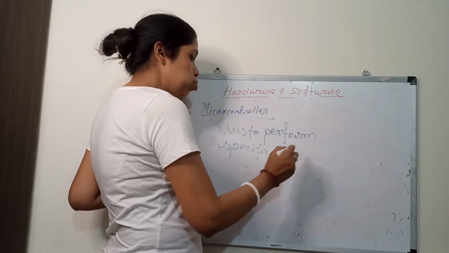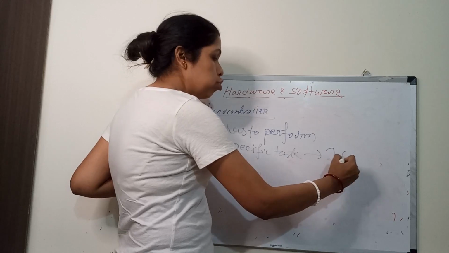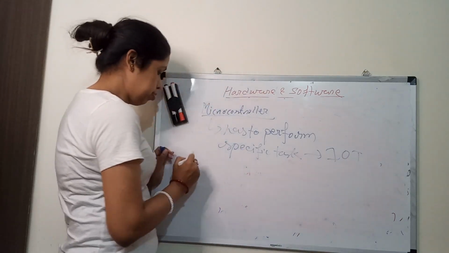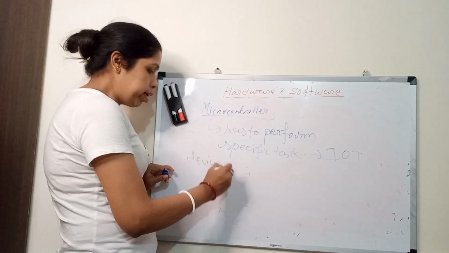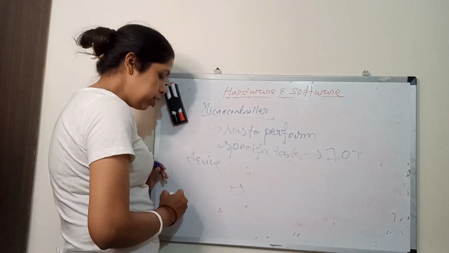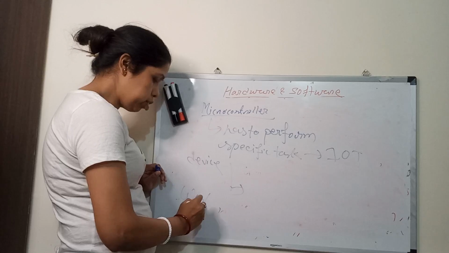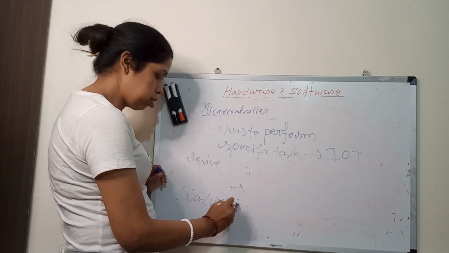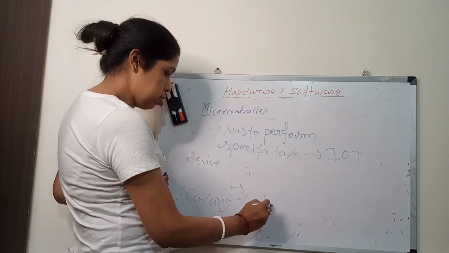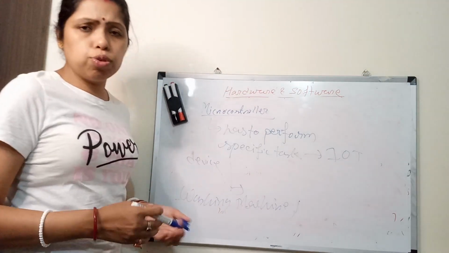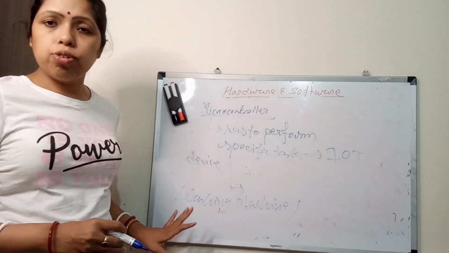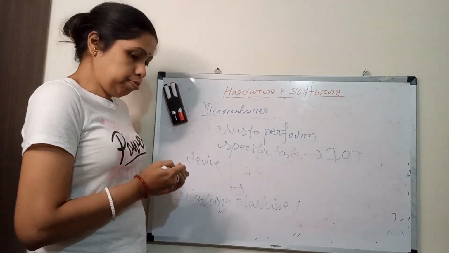You can also use this in an IoT device. What are the main applications of this? Washing machine, microwave and refrigerator. So many things are there. I'm not writing them here.